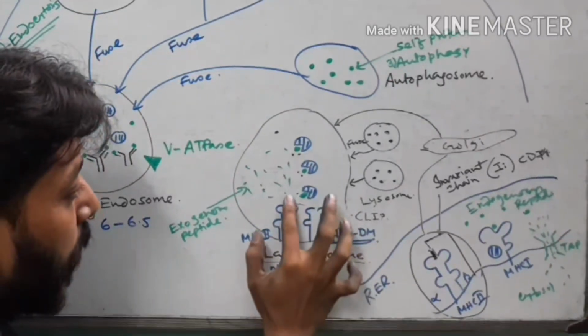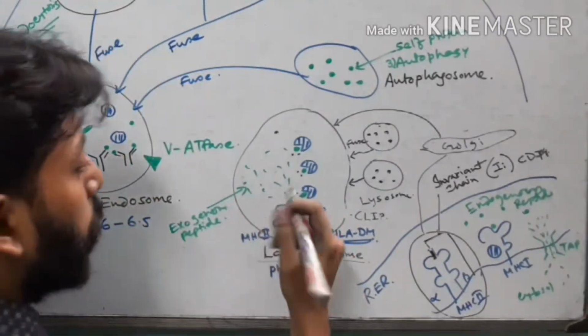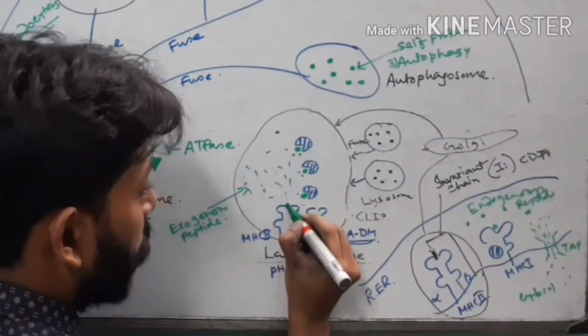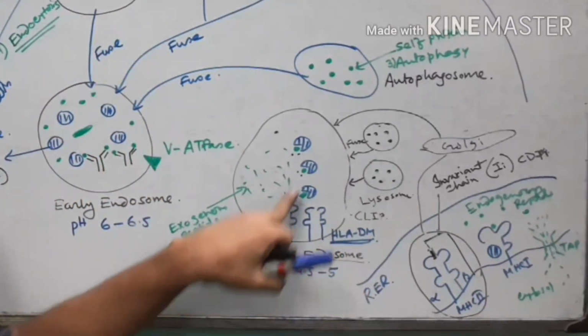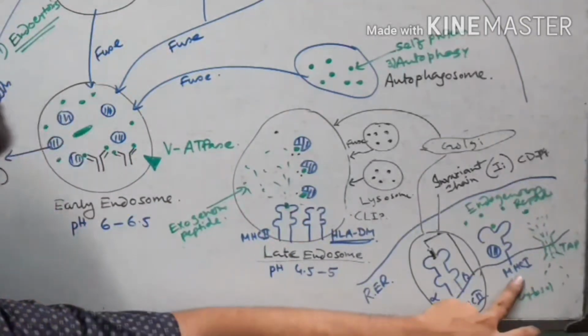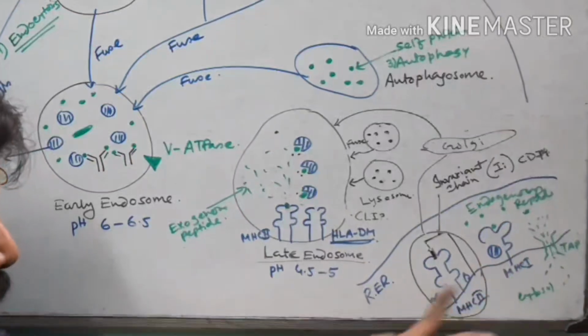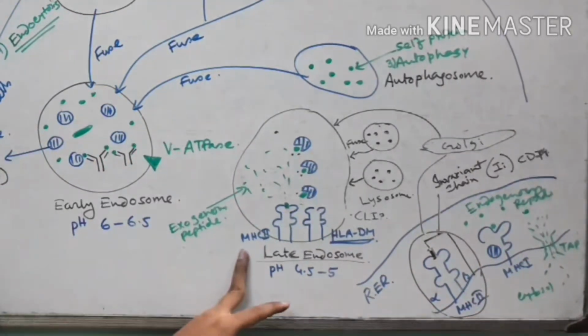This HLA-DM helps to remove this CLIP protein, so the exogenous peptide can bind in this cleft region. So HLA-DM has a positive role in removing the CLIP and loading the antigen. So now you can see, in case of MHC1 molecule, the peptide loading occurs in the rough endoplasmic reticulum, but in case of class II MHC molecule, the peptide loading occurs in the late endosome.